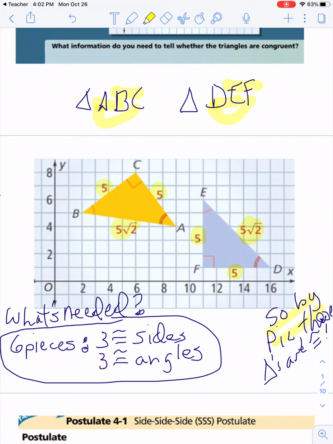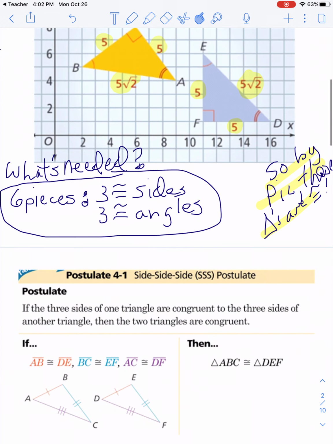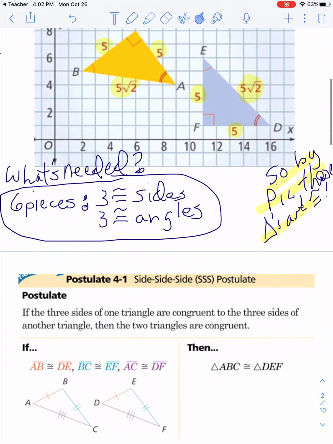So by this picture, those 2 triangles are congruent. If I go back up to this congruent symbol at the top, that means that these 2 triangles are congruent. That's what we're looking at. So basically what's needed is 3 pieces, and we've got 2 different theorems here.